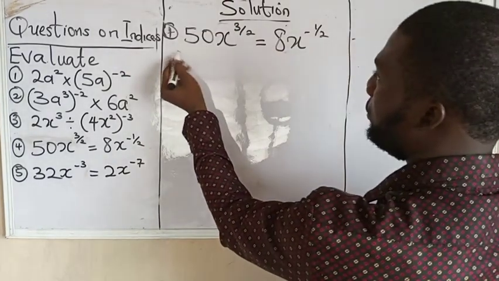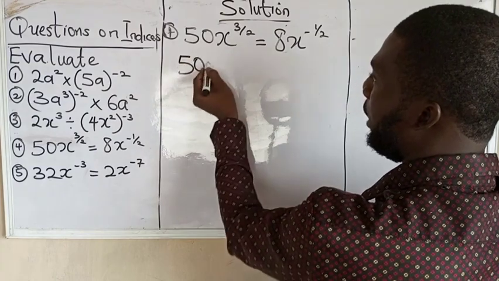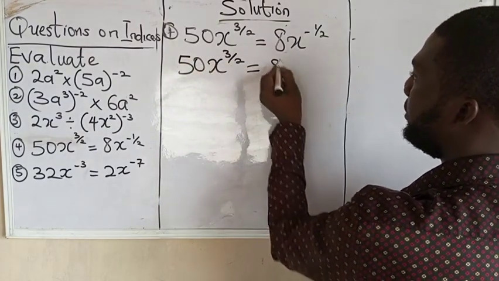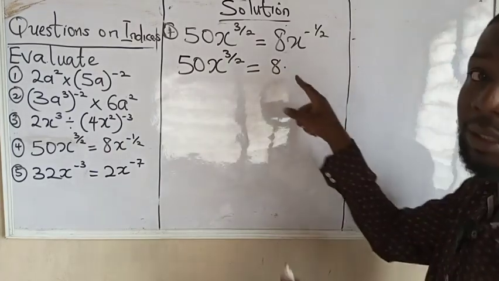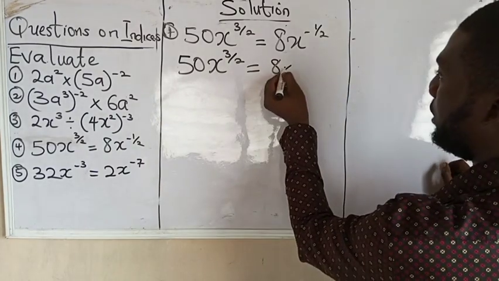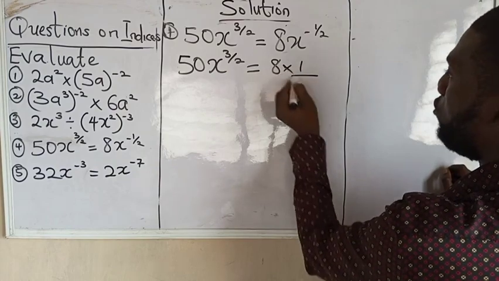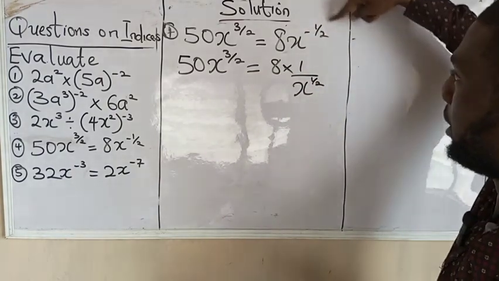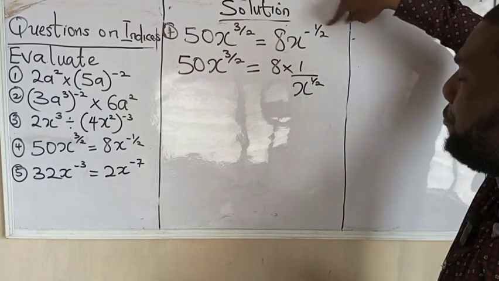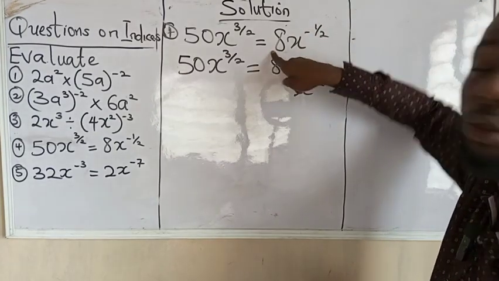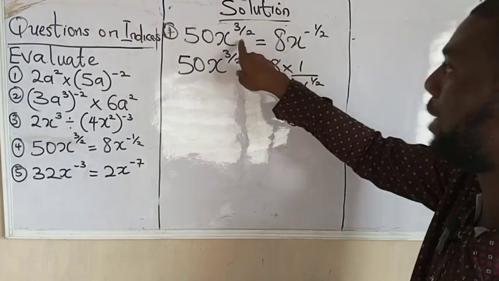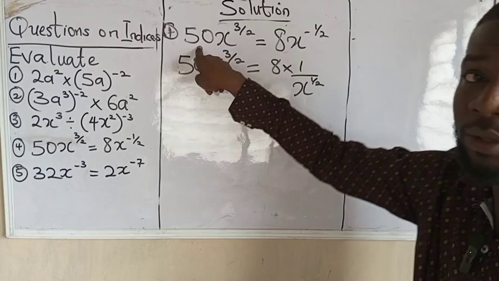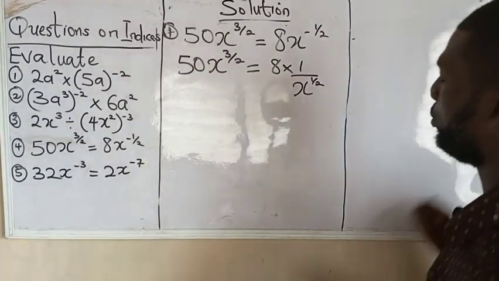So I would say this is 50x raised to power 3 over 2 equals 8 times 1 over x raised to power 1 over 2. Let's not forget that this raised to power minus half affects only x. It doesn't have anything to do with 8. And likewise, x raised to power 3 over 2 affects only x. It doesn't have anything to do with 50. So let's note that.